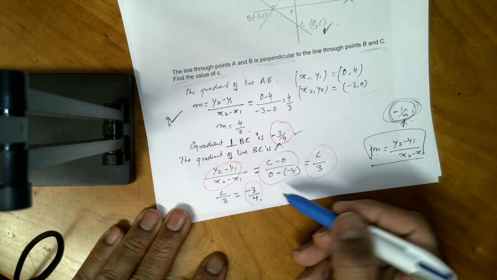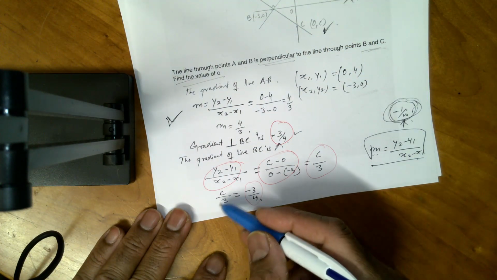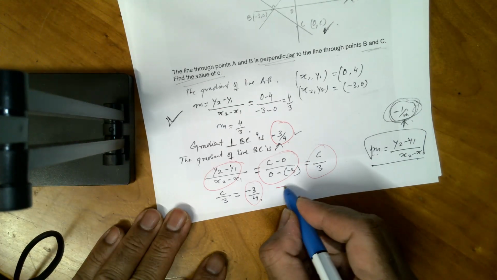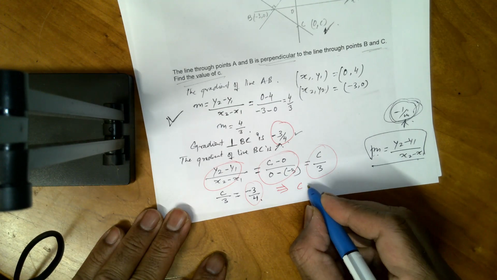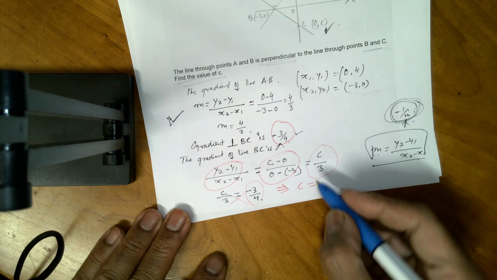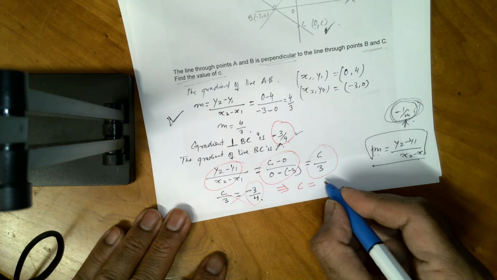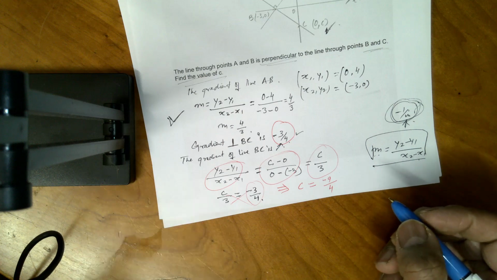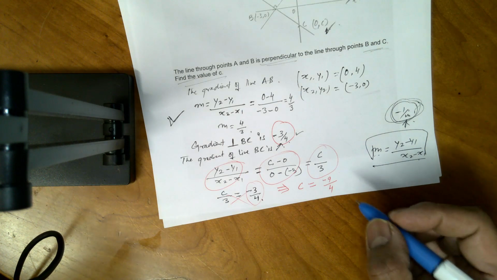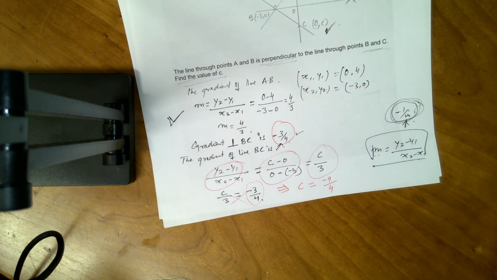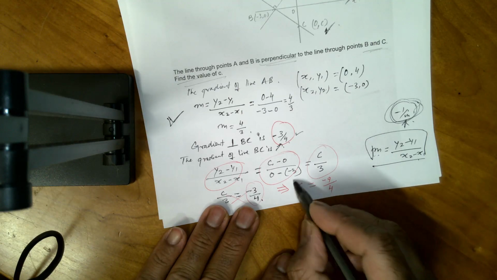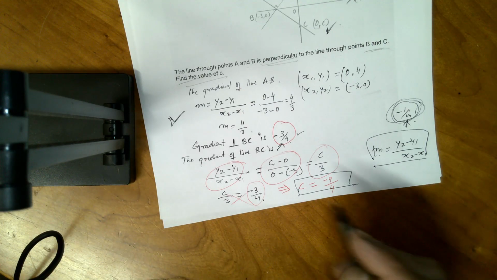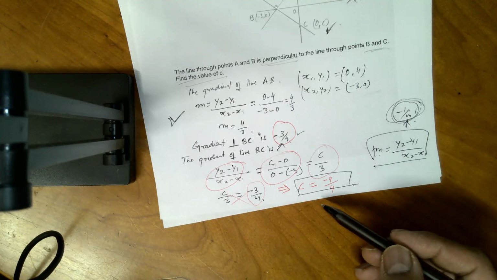So you just say this is equal to this, therefore C is equal to, by cross multiplication, minus 9 over 4. Find the value of C. So that's the value of C.